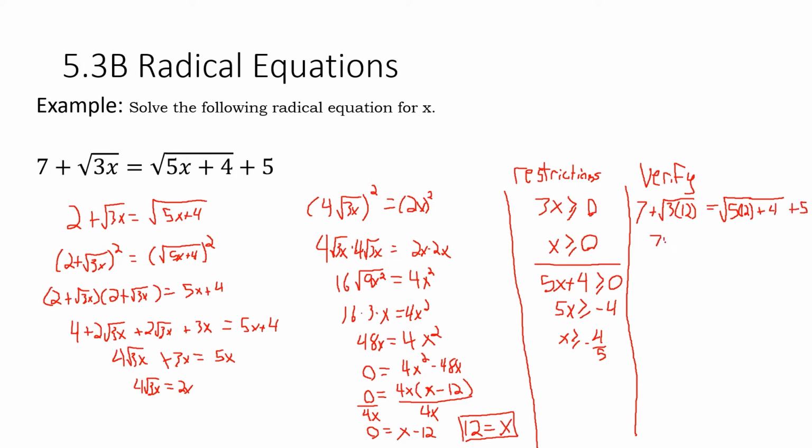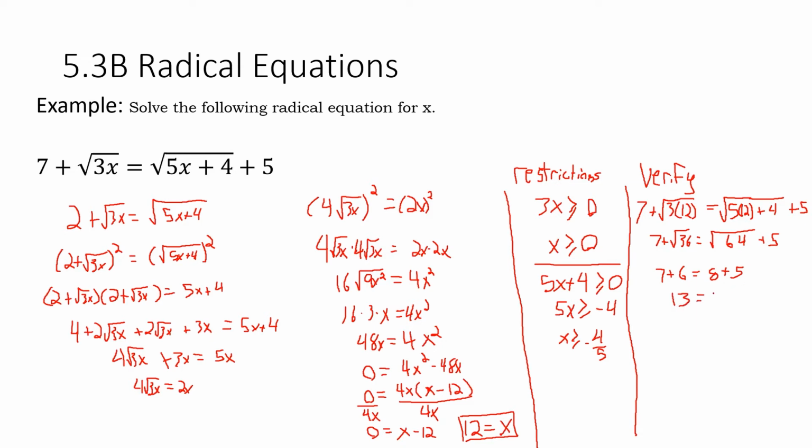All right, so 7 plus 3 times 12 is root 36. And 5 times 12 is 60. 60 plus 4 is 64. And plus 5. So root 36 is 6. And root 64 is 8. 7 plus 6 is 13.